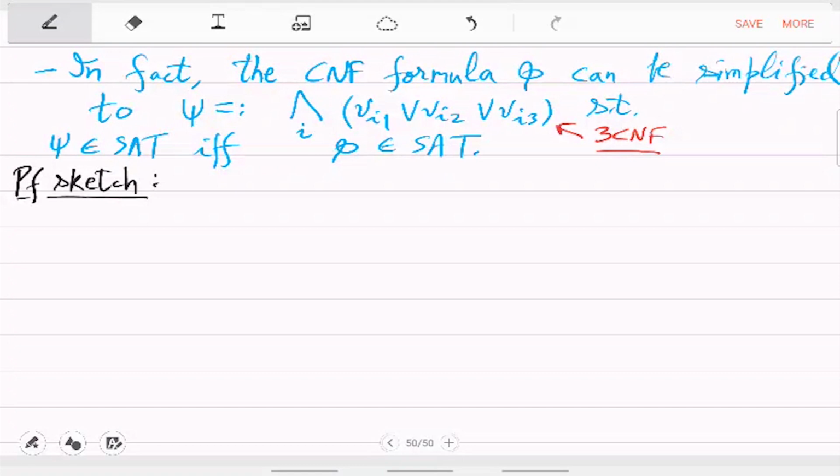So, a clause which has, let us say, 4 literals, we can break it up into more clauses, each having 3 literals, by introducing a new variable.